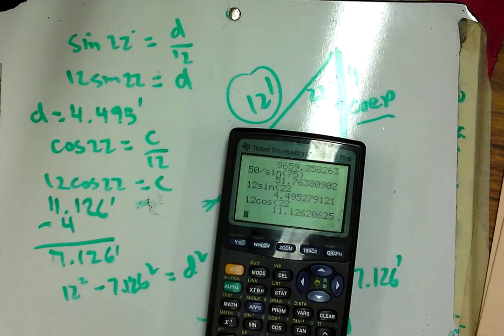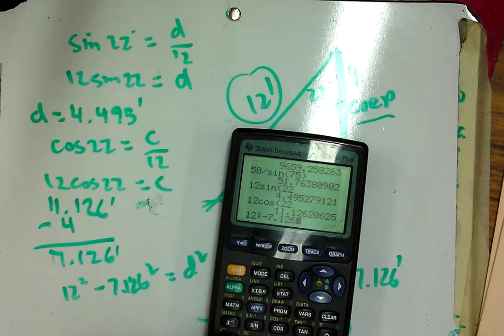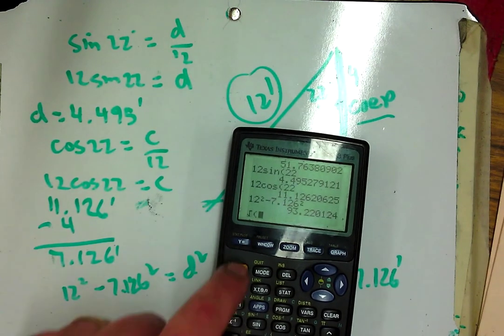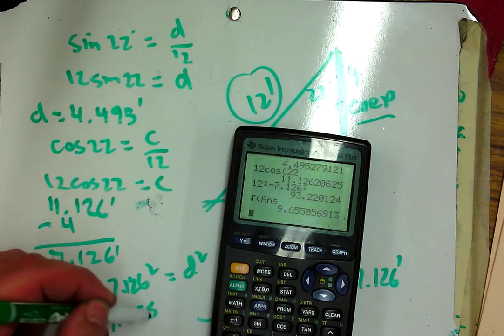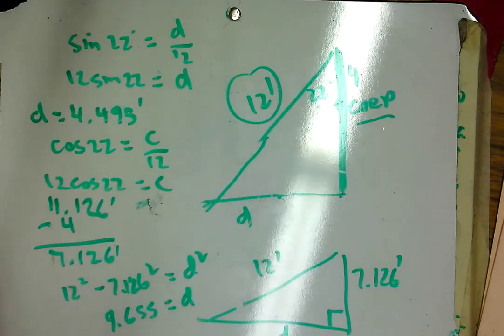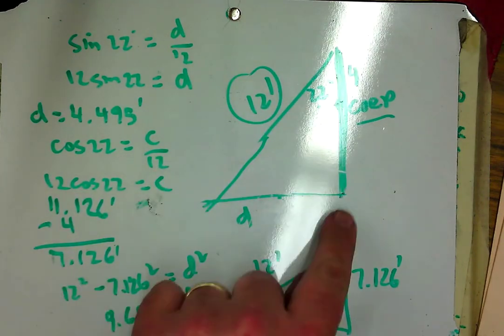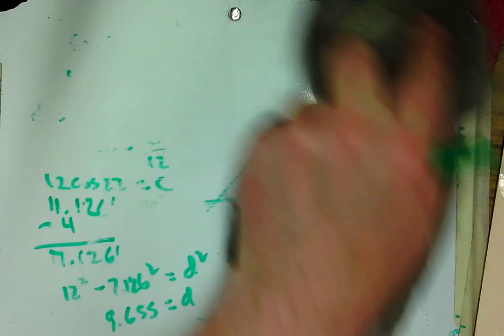Well, let's see what we get when we do that. Take the square root, and we get 9.655 is d. Okay, the ladder definitely moved further away from the corporation as it slid down. Let's take a look at problem number 13.